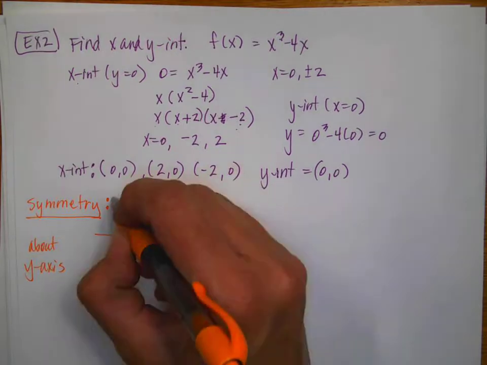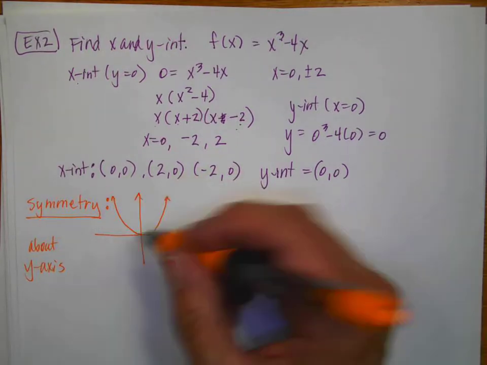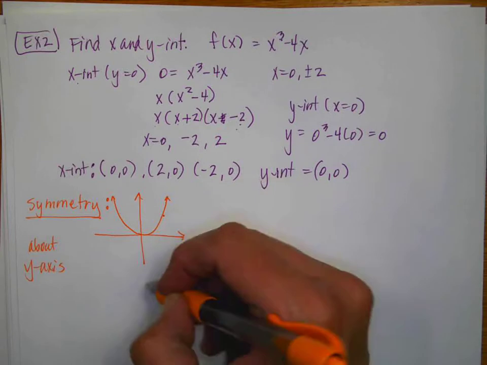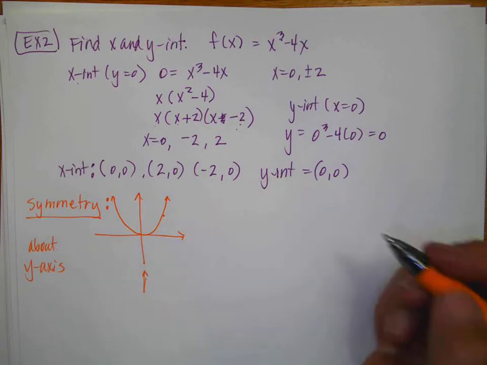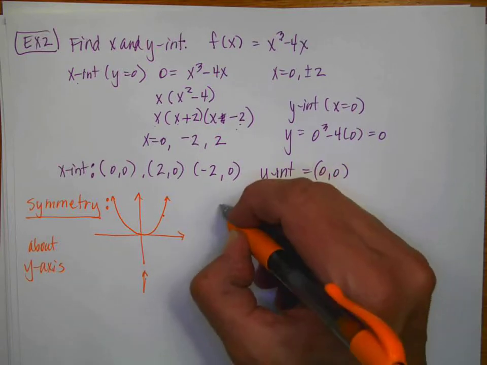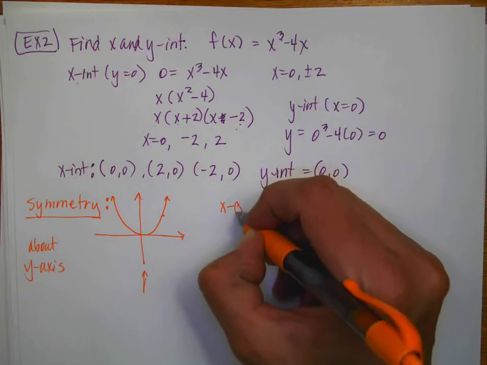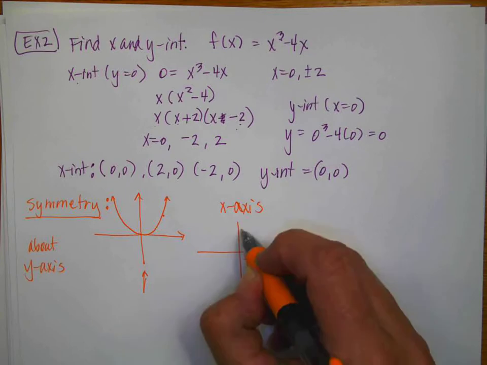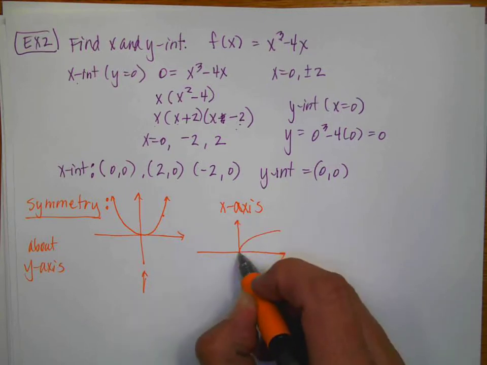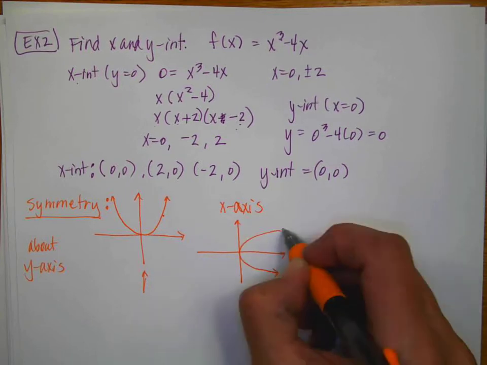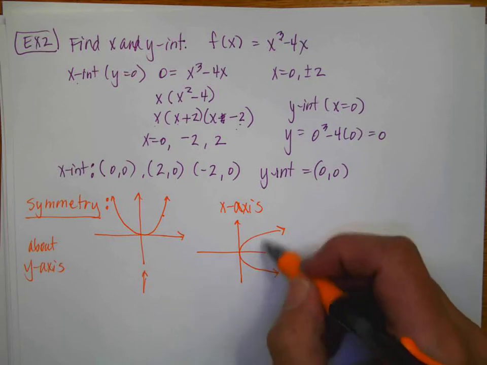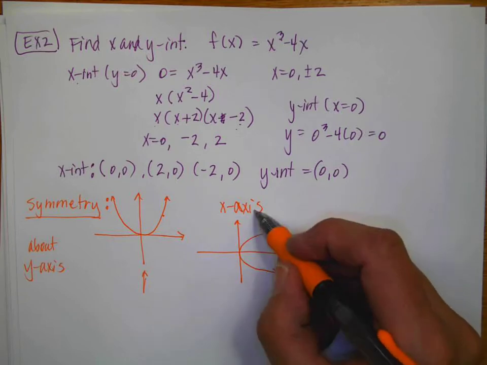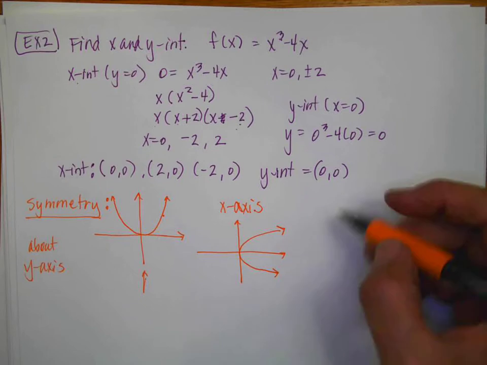And a great example of that is a parabola whose vertex is at the origin, and it is symmetric about the y-axis. The other one that we care about is symmetry about the x-axis. And the classic example for that is going to be the square root function that looks like that. So this particular graph is symmetric about the x-axis.